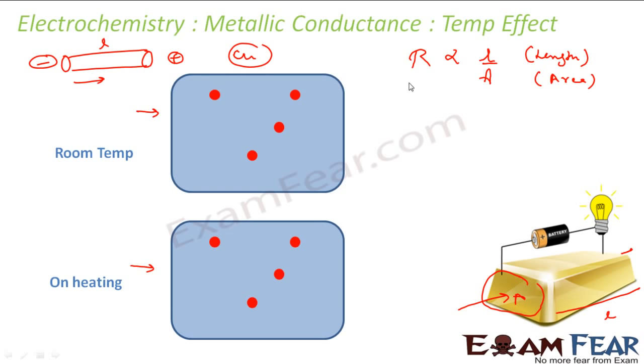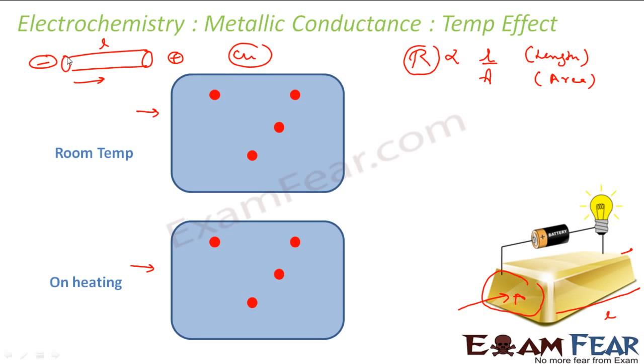Resistance is directly proportional to length, because the more the length, the more distance the electron has to travel, so the resistance will increase. And the more the area, the easier it is for electrons to travel, so it is inversely proportional to area. I'm talking about resistance, because resistance is nothing but resistance to the flow of electrons.